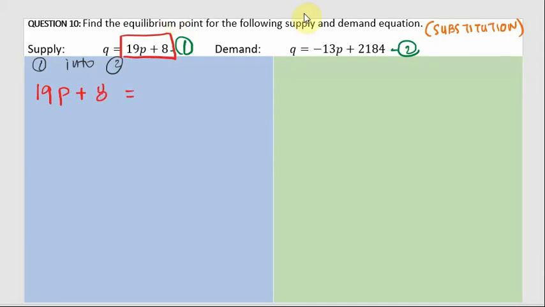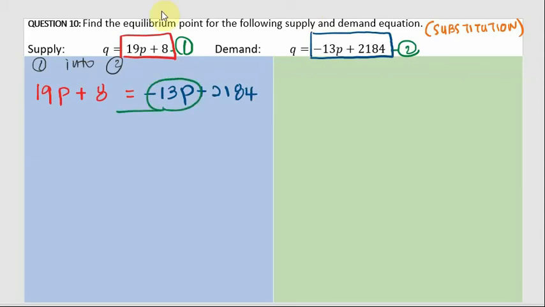In the second equation we have negative 13p plus 2184. Then bring negative 13 to your left and bring 8 to your right.